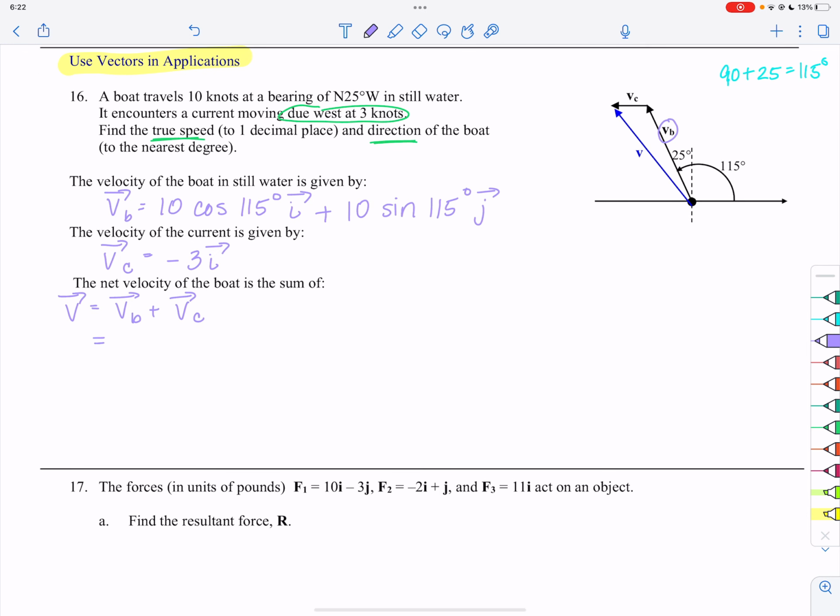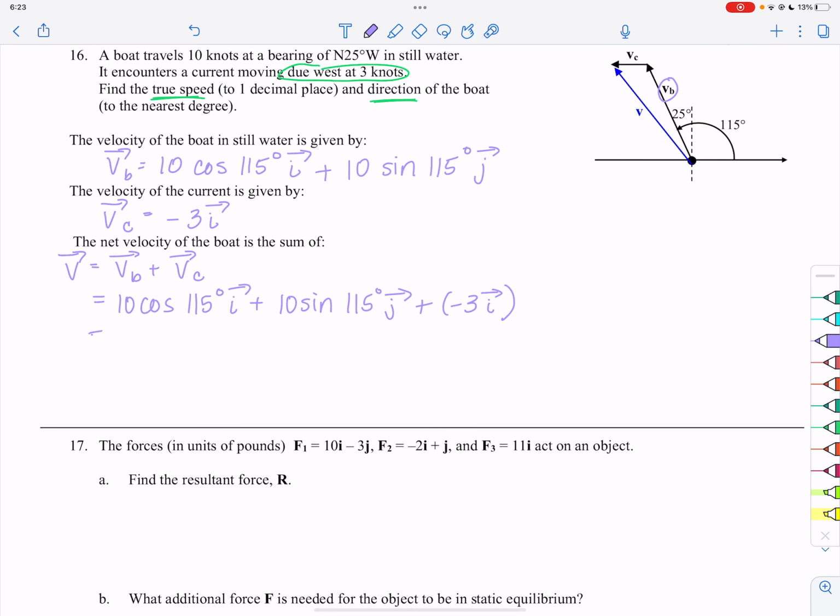And that's going to be equal to 10 cosine 115 degrees i plus 10 sine 115 degrees j plus -3 i.